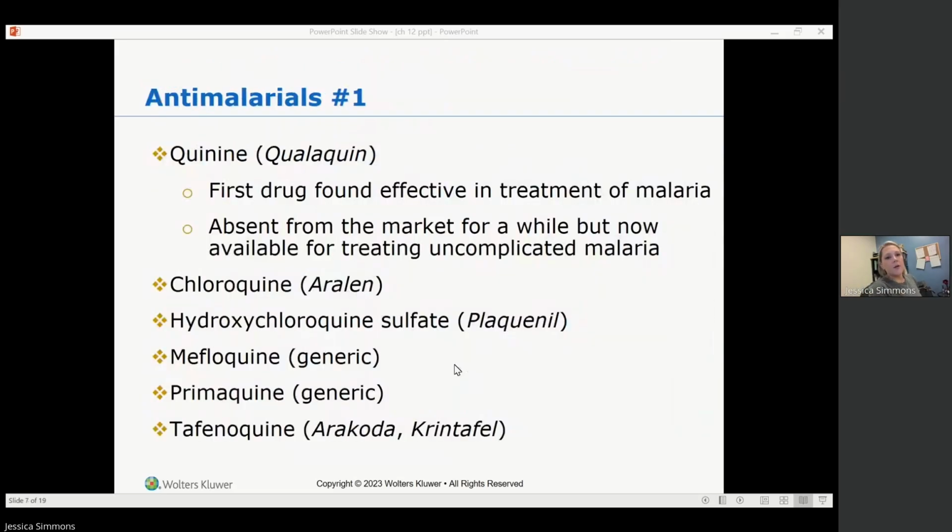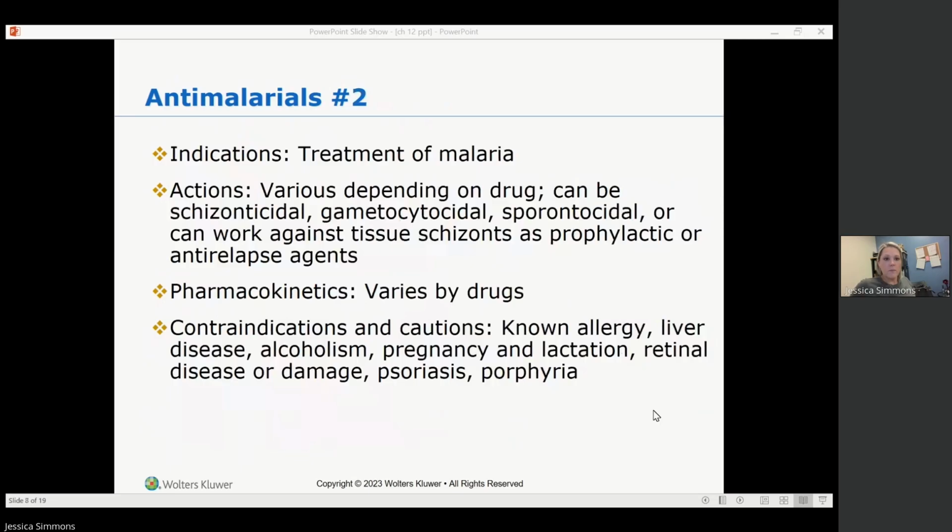So your antimalarials, you have quinine. This was the first drug that was found effective. The use was stopped for a while, but now it can treat uncomplicated malaria. We also have chloroquine, which is common, and then hydroxychloroquine, Plaquenil, which is also very common. Of course, the indication is the treatment of malaria.